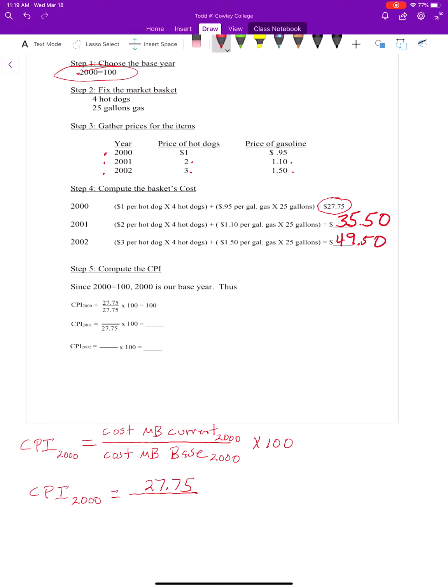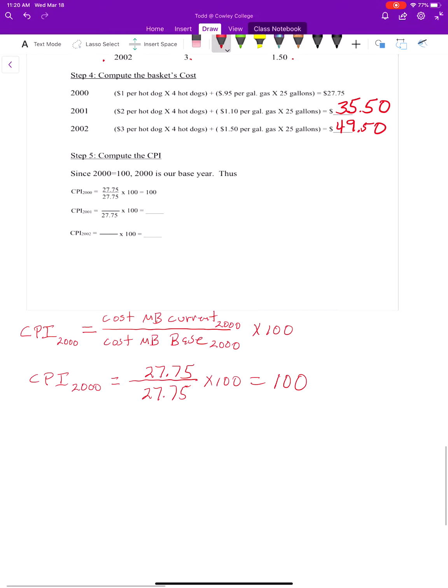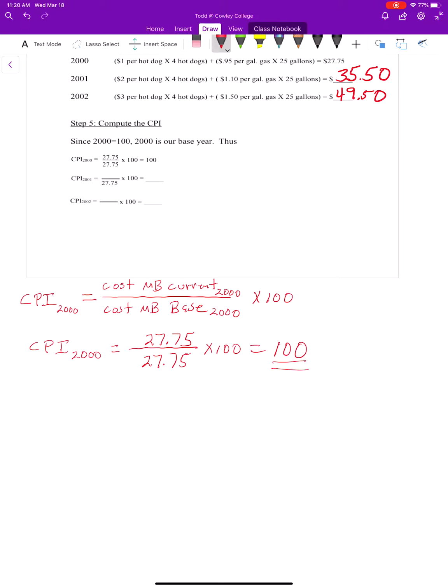Remember, your base year is 2000, so that was also $27.75, multiplied by 100. Clearly 27.75 divided by 27.75 is 1, multiplied by 100. So your consumer price index for the year 2000 is simply equal to the number 100. All right, that is your CPI.